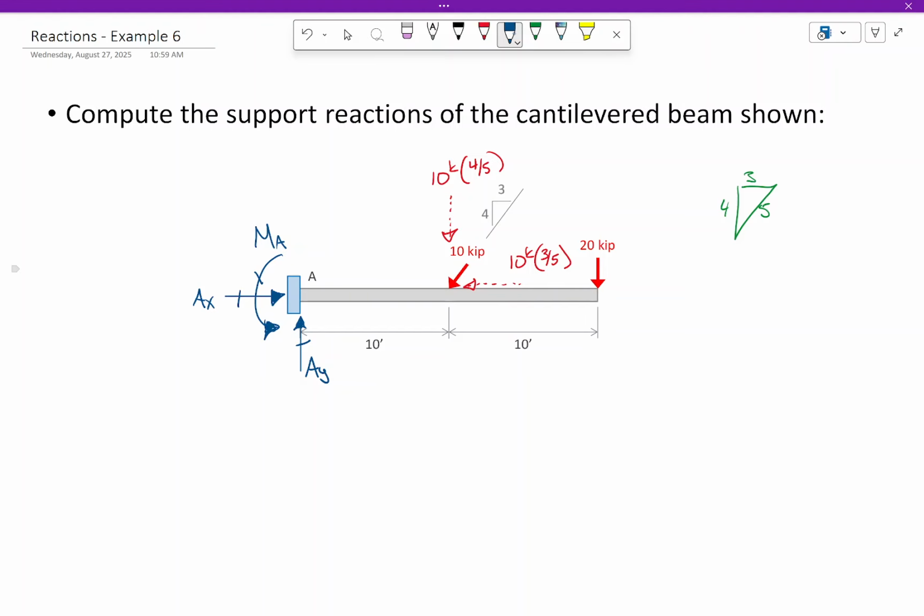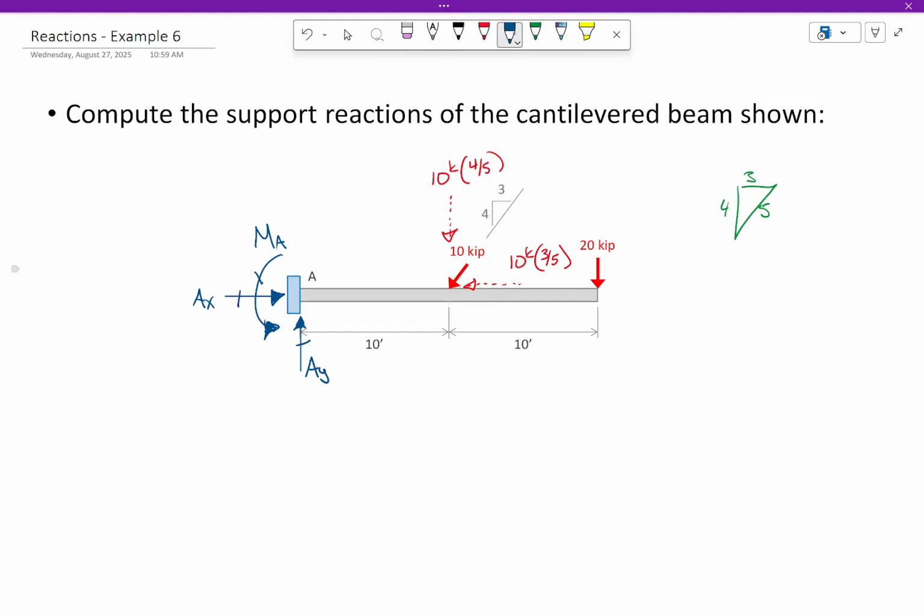The key word that I'm using is strategy. You can sum moments elsewhere and you will get the right answer, but why aren't we doing that with this problem? Because it's going to yield messier algebra. Even with a simply supported structure, there is a strategy for how you sum moments.